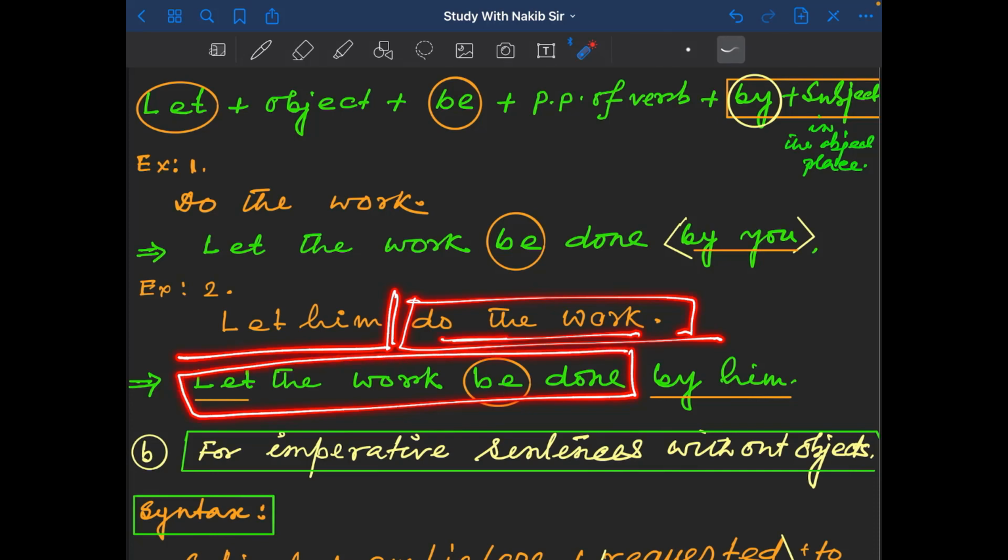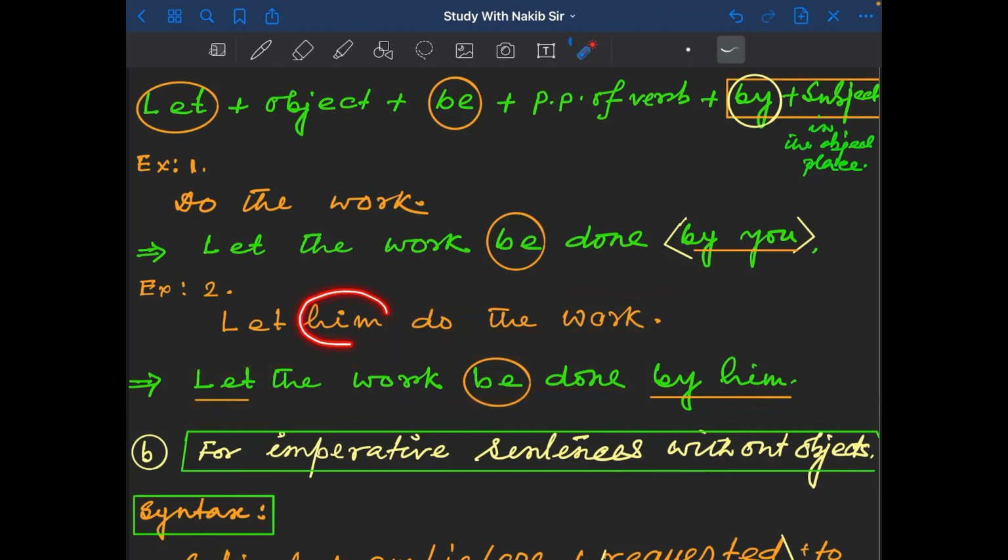You have learnt that do the work, passive will be let the work be done. Now come to this. This one will go to the end with by him. So your passive voice is let the work be done by him. Okay, this is the syntax for the imperative sentences with objects.